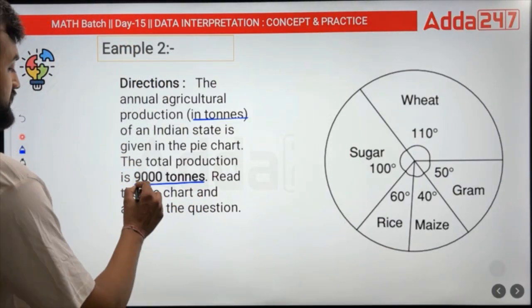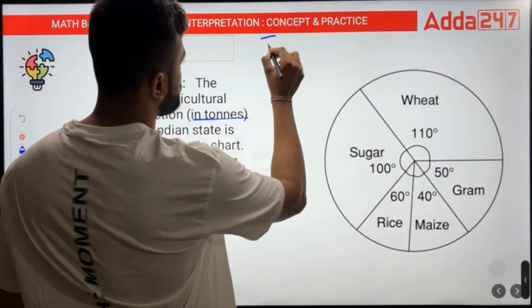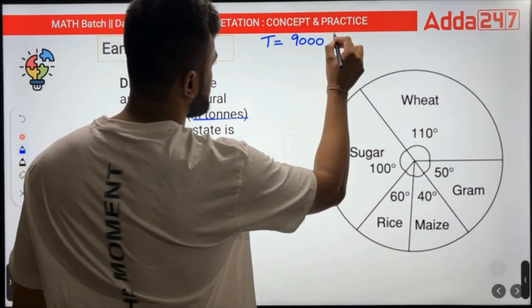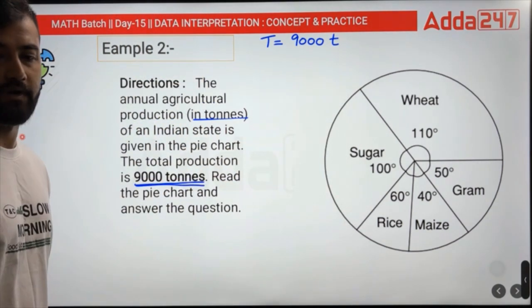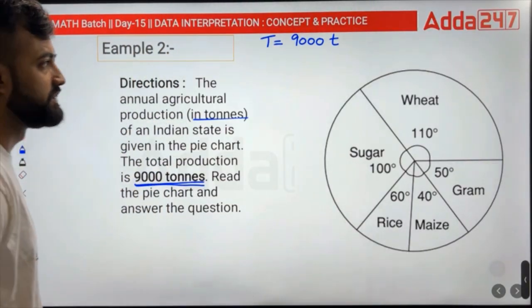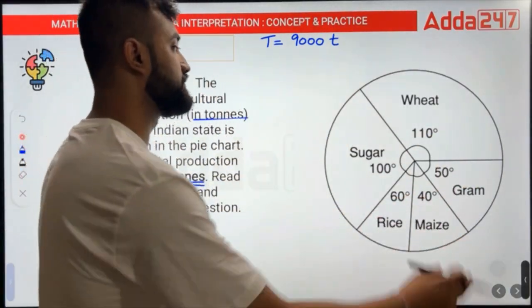This 9,000 ton is the total, right? Total production is 9,000 ton. Instead of writing ton, I'll just write T. Now I have to convert this into angles because the data is given in terms of angles.